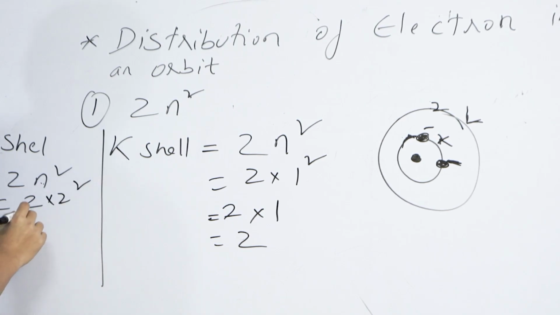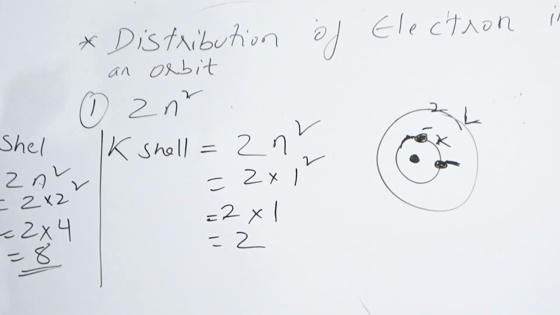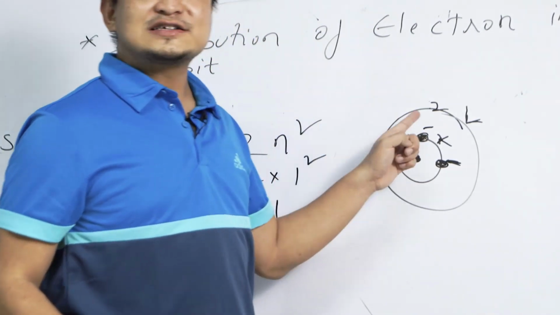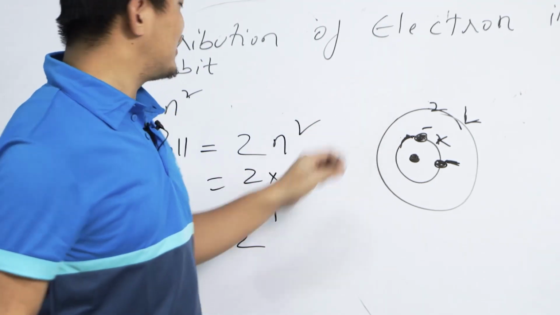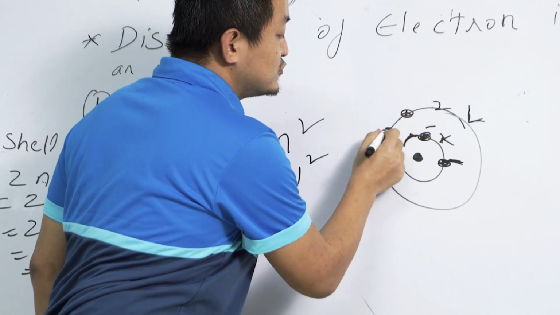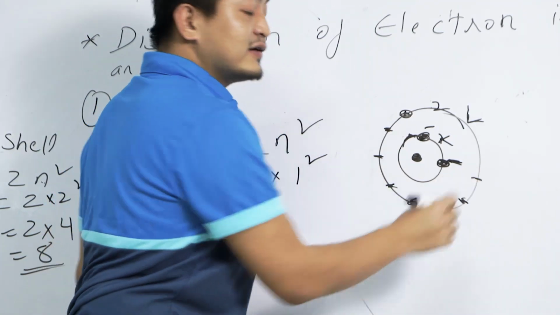So it will be 2 into 4, which is 8. So in the L shell, the maximum number of electrons we can accommodate is 8. We can write 1, 2, 3, 4, 5, 6, 7, 8.